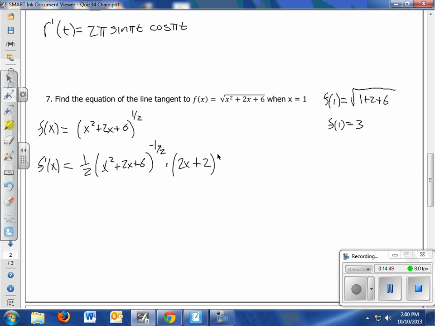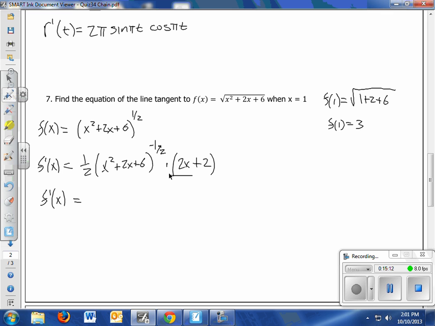Okay, so it turns out if you tried to multiply this 1/2, you'd have to distribute it to the 2x and the 2. And you can do that, but before we go any further, let's just try to rewrite this nicely. So x squared plus 2x plus 6 to the negative 1/2, that's like moving this to a denominator and putting it to the power of positive 1/2. The 2 will be down there.